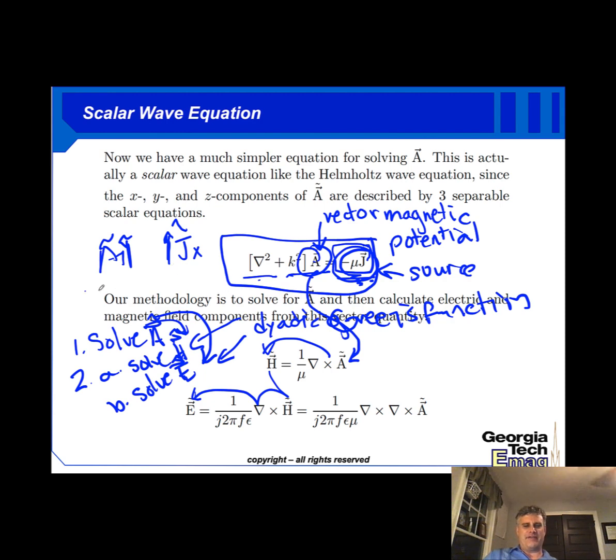And then once we have A, we get into E and H, because E and H do not simply relate to the x, y, and z components of J in a scalar fashion. That's why we call it the scalar wave equation, even though there are clearly vectors in this equation.